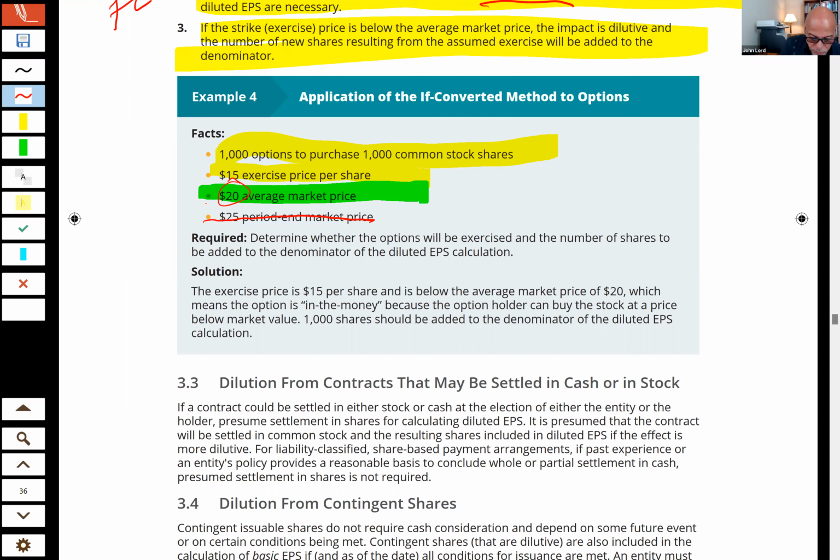And so we would say, look, the additional shares outstanding, that will be outstanding after we do this, are going to be equal to the new number of shares.